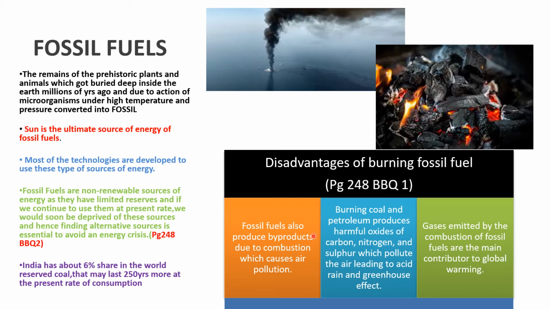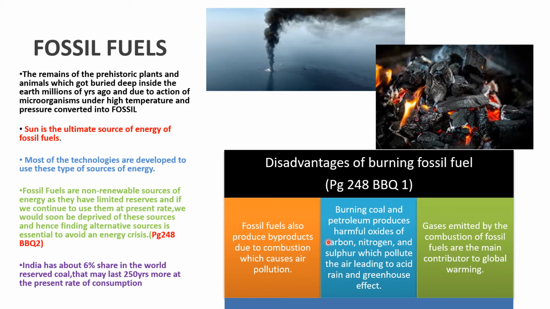They cause air pollution. Then second, there are some oxides of carbon, nitrogen and sulfur. When these oxides combine with rain, they form acid, which leads to acid rain. This acid rain is very dangerous to monuments as well as to the people around.